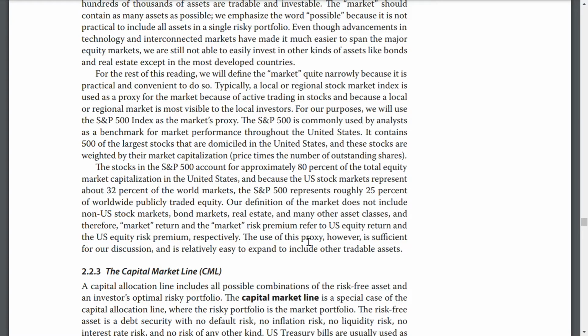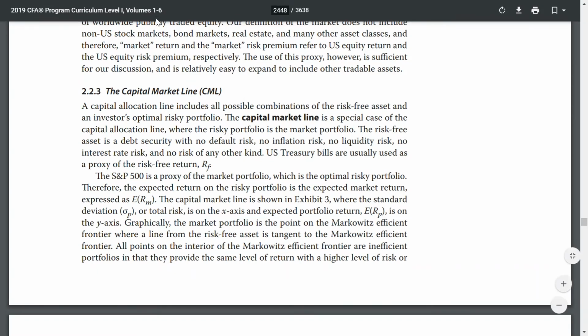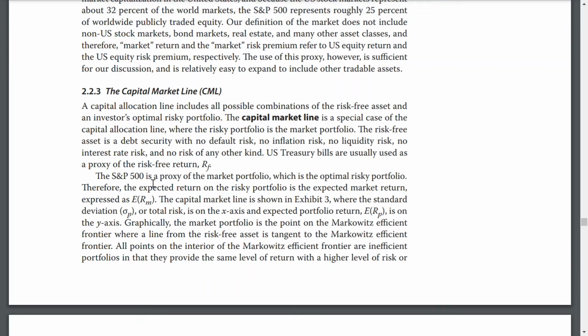The capital market line is the CML. The capital allocation line includes all possible combinations of the risk-free asset and the investor's optimal risky portfolio. The capital market line is a special case of the capital allocation line, where the risky portfolio is the market portfolio. The risk-free asset is a debt security with no default risk, no inflation risk, no liquidity risk, no interest rate risk, and no risk of any other kind.